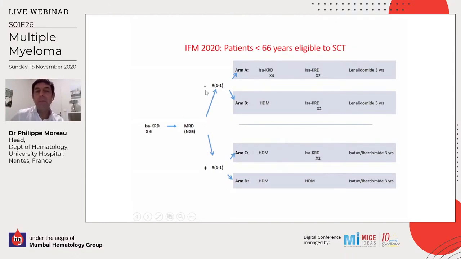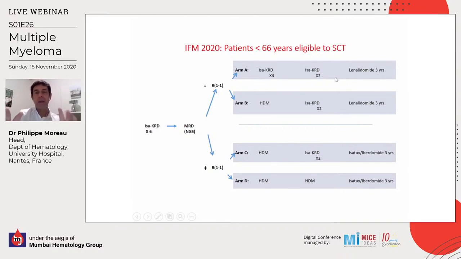If patients are MRD negative at 10 to the minus 5, so good risk patients with a very deep response, they will be randomized to stem cell transplantation versus no stem cell transplantation. And the primary endpoint of the study is MRD negativity before maintenance.